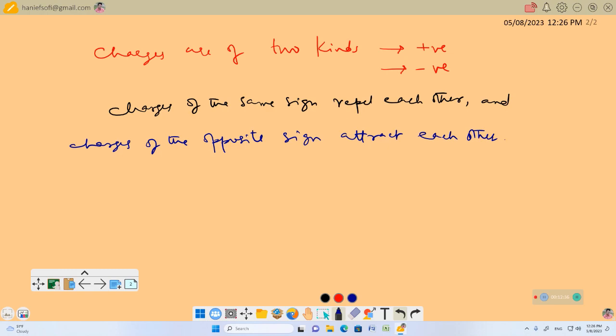Charges of the same sign repel each other, and charges of the opposite sign attract each other. Sometimes we say like charges repel and unlike charges attract. That is an equivalent way of saying the same thing.